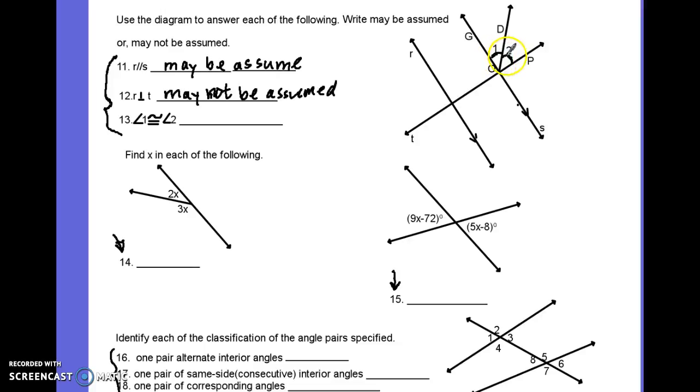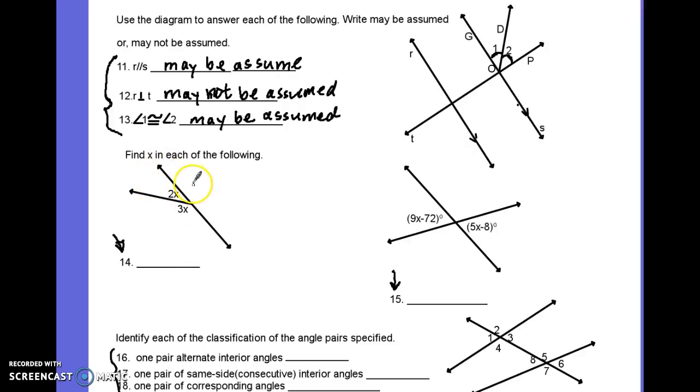Yeah, it's 39 here and 39 here. So this may be assumed. If there were no matching arcs, then you may not assume it. Unless you're given, where you have a statement that says, given that angle 1 is congruent to angle 2.